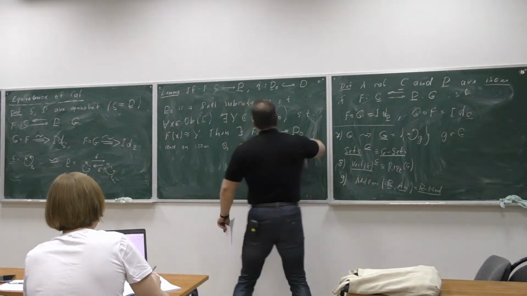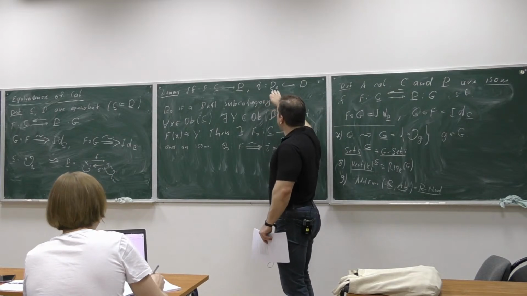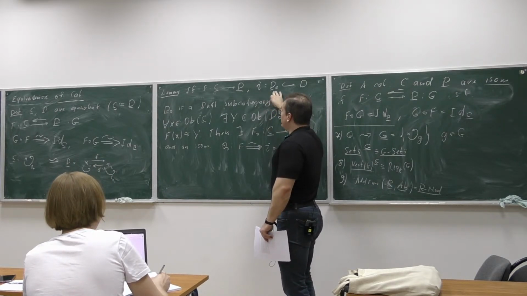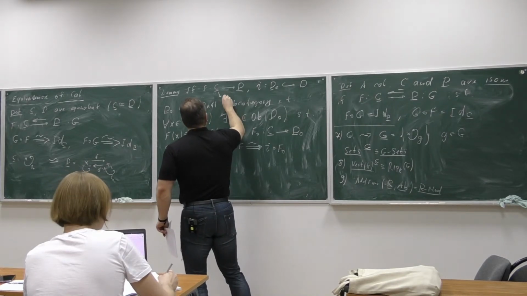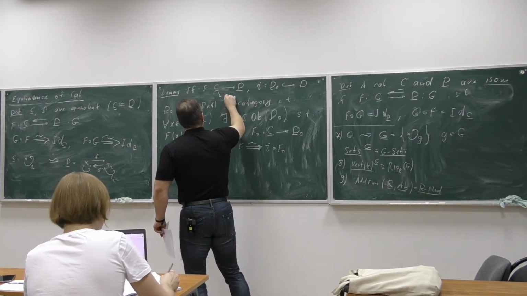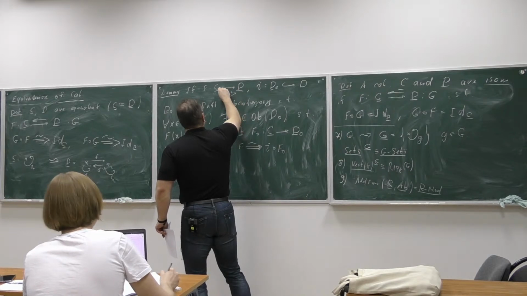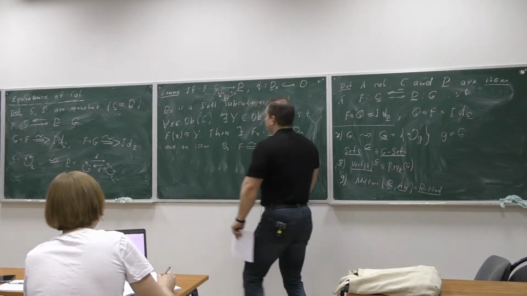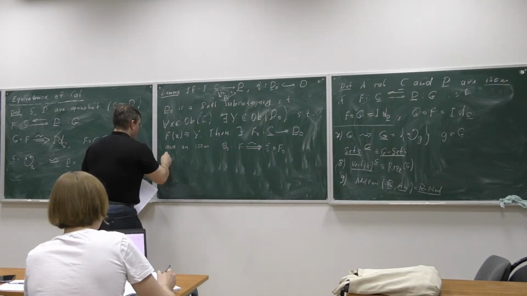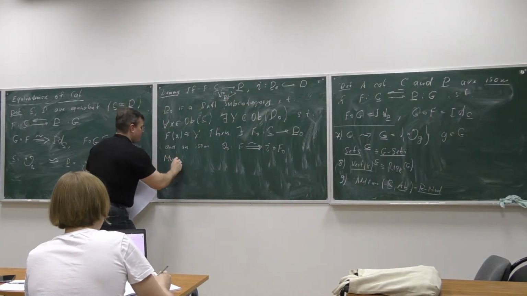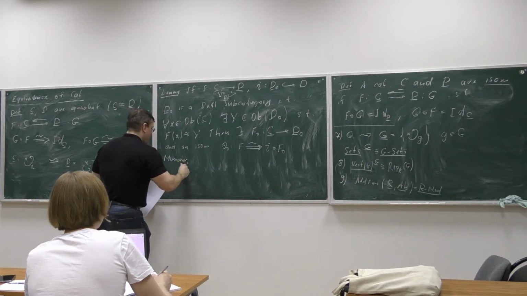So if the image is in D0, we can decompose this functor into the composition of two functors, iota and f0. And we have trivial uniqueness properties.